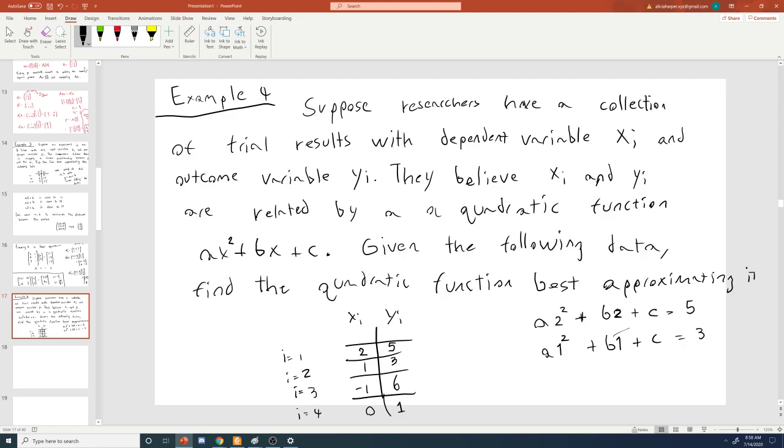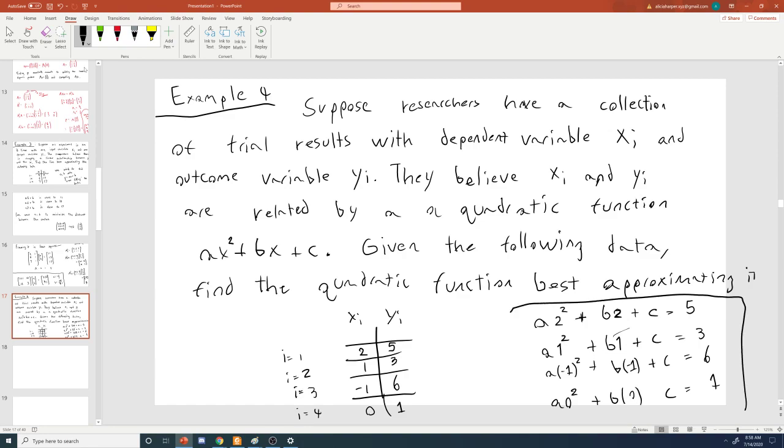And then I also have that a times negative 1 squared plus b times negative 1 plus c is equal to 6. And then finally, I have c is equal to 1 because I have a times 0 squared plus b times 0.